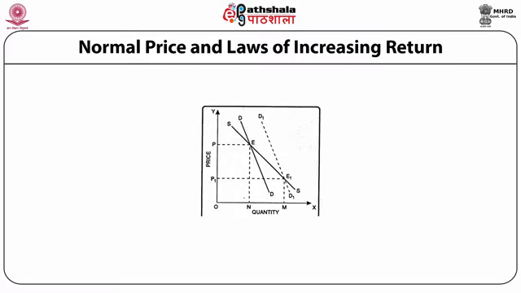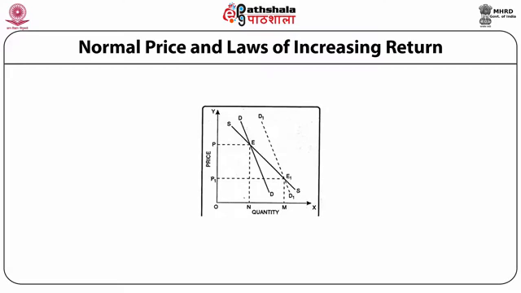DD is a demand curve which intersects supply curve SS at point E, and OP is the equilibrium price. ON is the equilibrium output. When demand increases, the demand curve shifts to D1 and intersects supply curve SS at point E1.